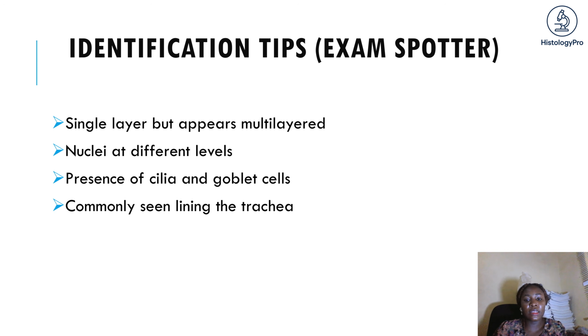Always remember that despite its stratified appearance, it is a single-layer structure resting on the basement membrane. This ciliated type is commonly seen lining the trachea or the upper respiratory tract, while the non-ciliated type lines the epididymis in the male reproductive system.